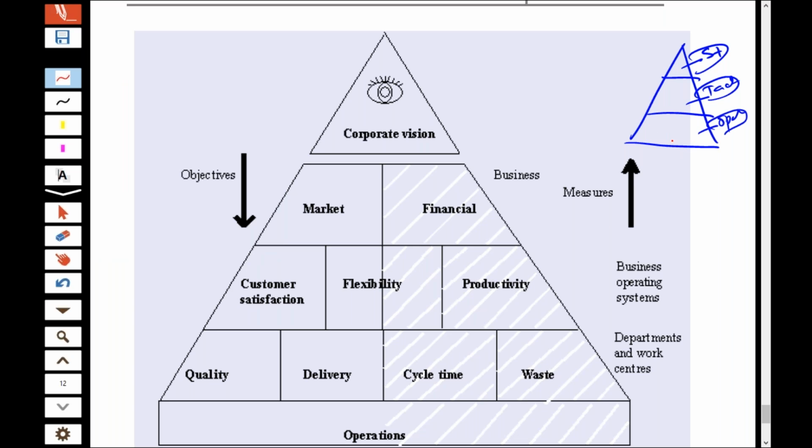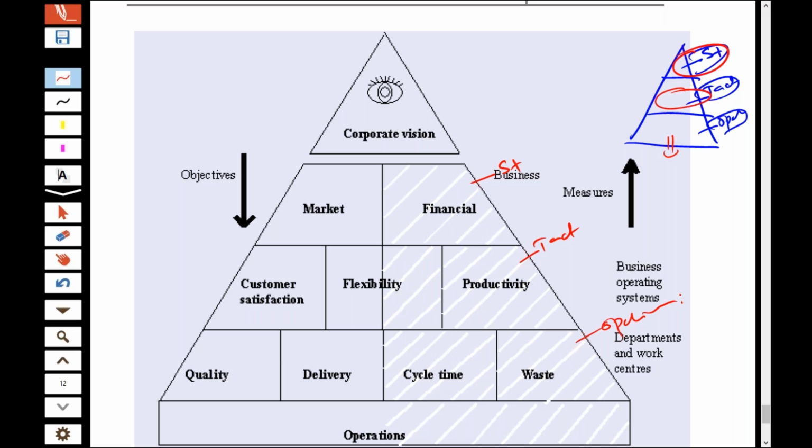The operational level tasks are different, the tactical level tasks are different, and the strategic level tasks are different. So the performance pyramid says that this is the strategic level, this is the tactical level, and this is the operational level. Let me repeat, this is what the performance pyramid tells you.